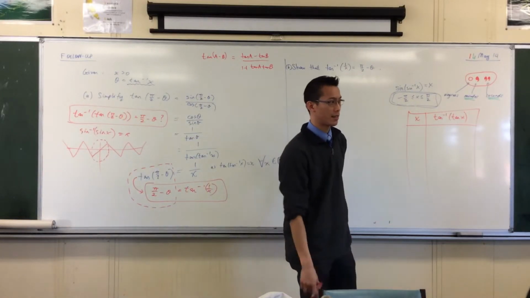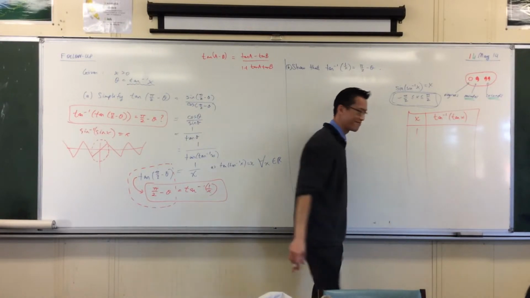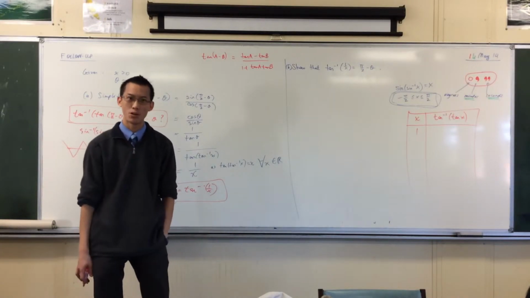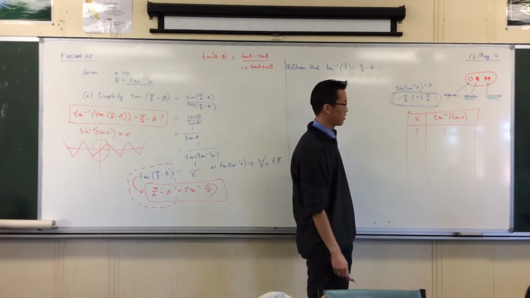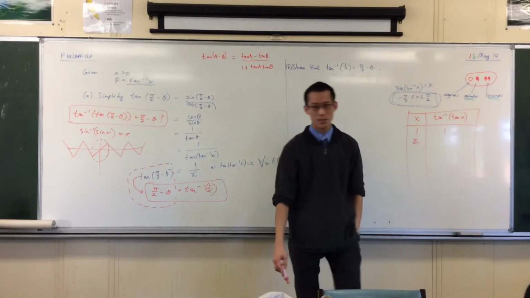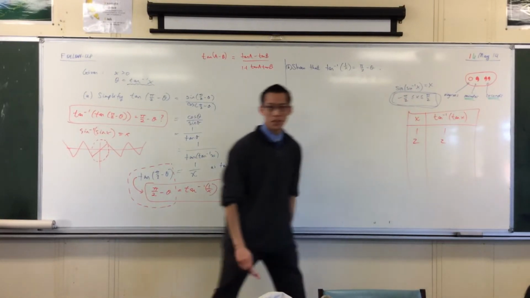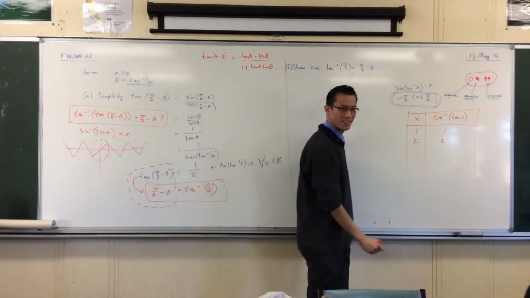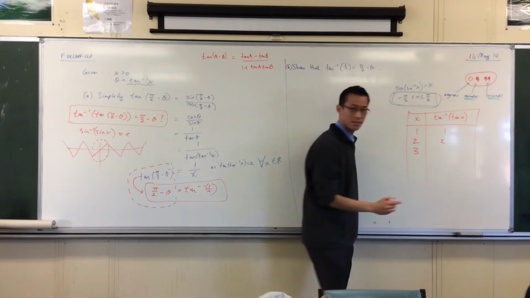Give me a value, anything. 1. What's tan inverse of tan 1? Make sure you're in the right mode. Is it 1? Yes. Okay, that's good. Give me another value. 2. What's tan inverse of tan 2? 2. Okay, give me another value. 3 pi on 2.